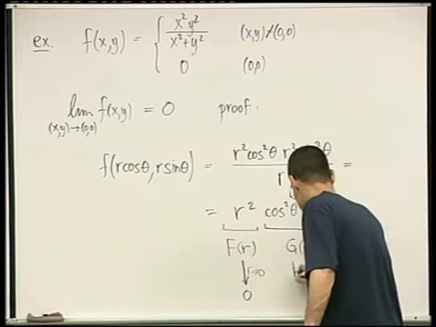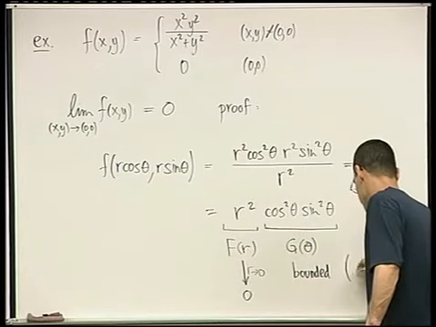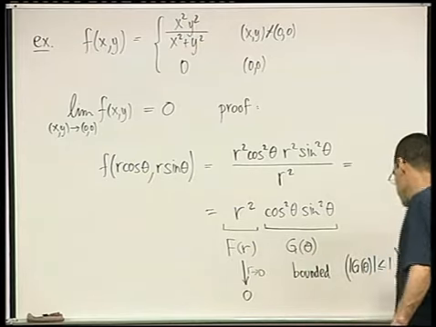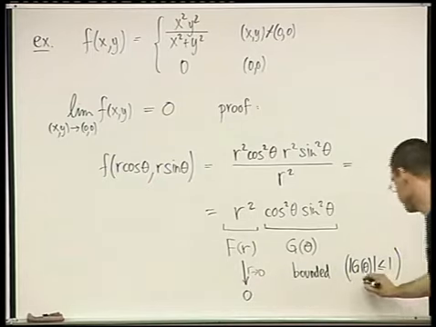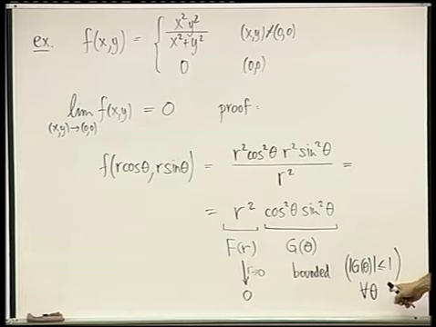So g of theta is bounded. G of theta in absolute value is less than or equal to 1 for any theta. Do you agree? So that's it. The theorem holds. We verified all the conditions of the theorem.